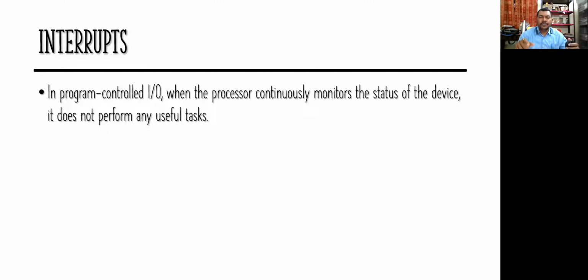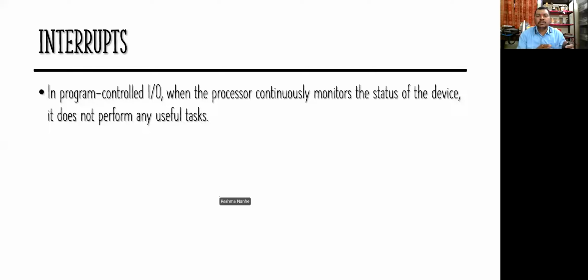For example, if principal sir is busy and they have asked me to keep checking, so that whenever he is free I can call you or we can talk on some topic, right? So I will go on checking him every 15 or 20 minutes whether he is free or not. I will do no other job.